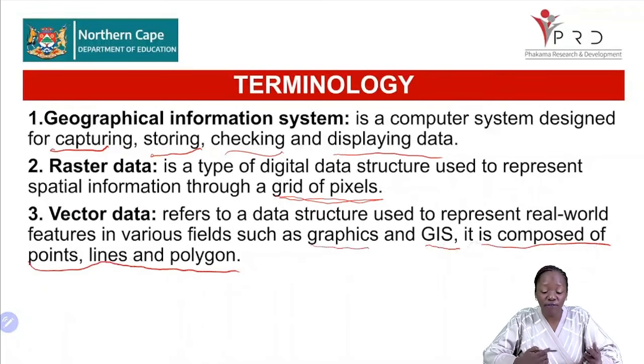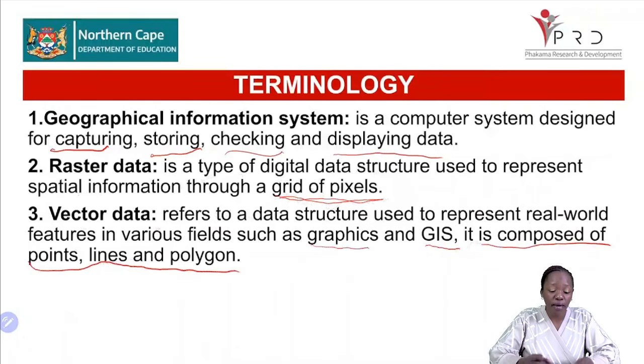So where is the difference between the 2? Your raster data uses the grid of pixels. So this is the data that is presented through the photograph, through the grid of pixels. Whereas your vector data is represented using the points, lines, and polygons.